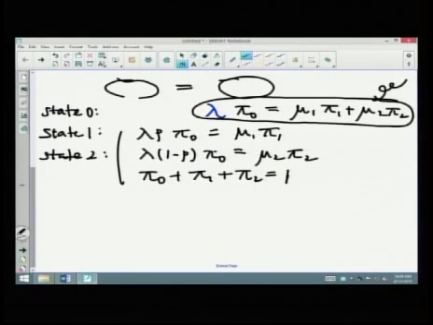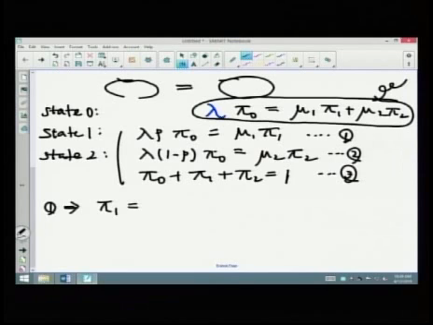So let's say these are equations 1, 2, 3. From 1, we have pi 1 equal to lambda p over mu 1 times pi 0.